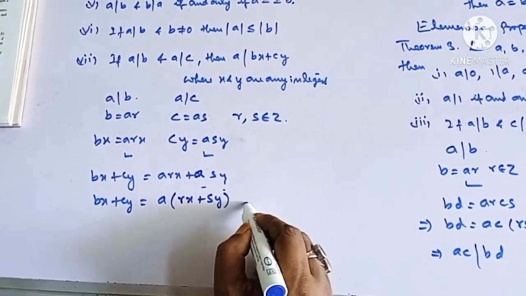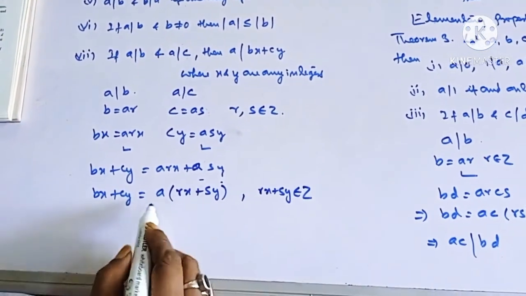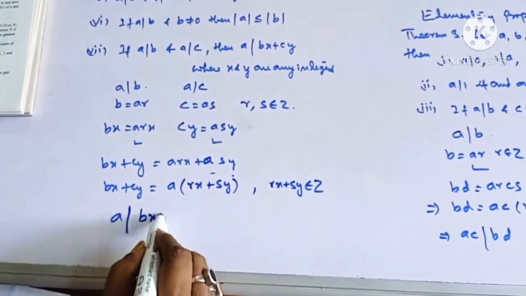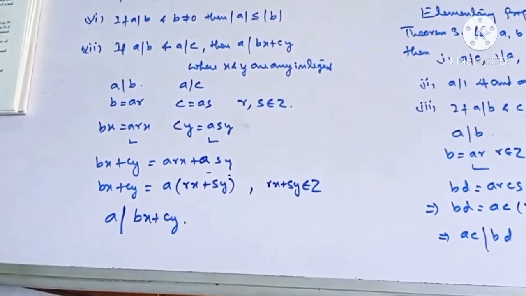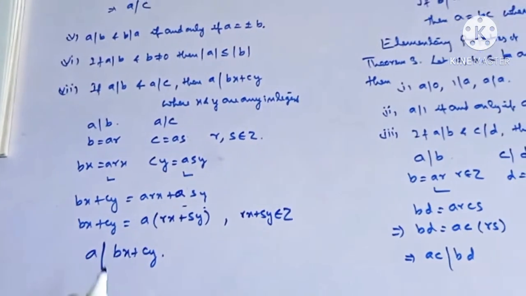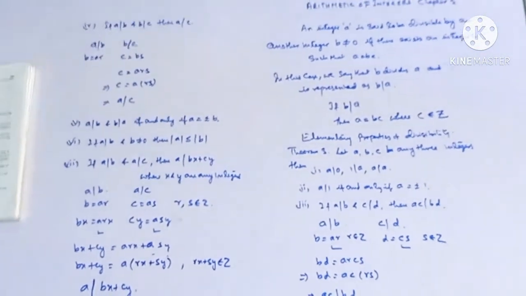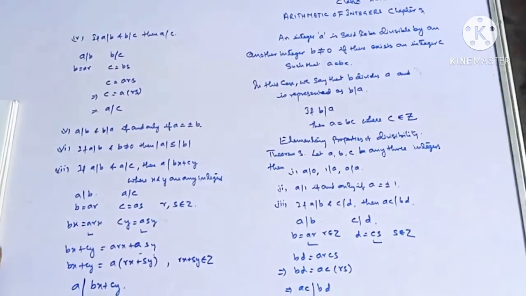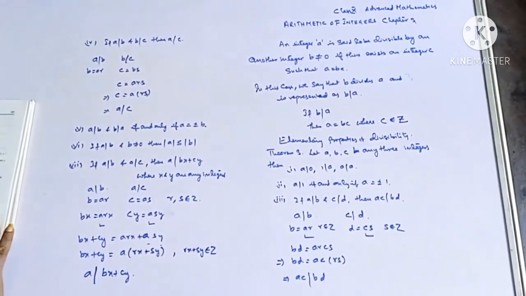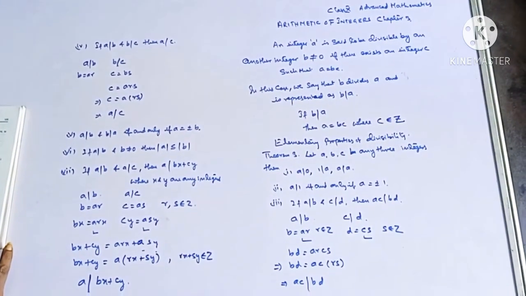Means we can write rx plus sy belongs to the integers. So we can write a divides bx plus cy. This is about divisibility, how it is represented, and the elementary properties. This is very important. So it becomes very easy for you to solve the exercise.